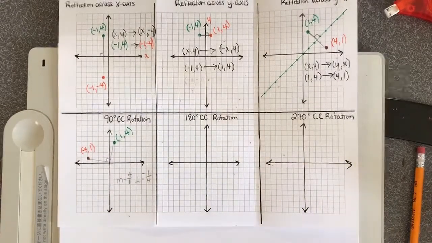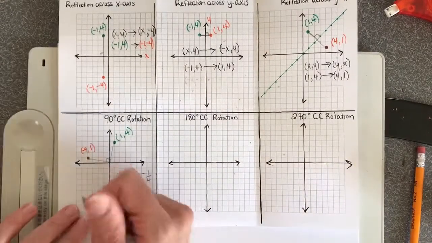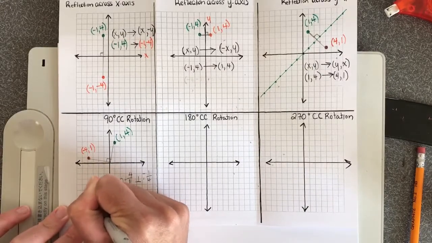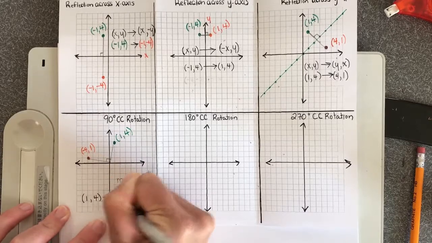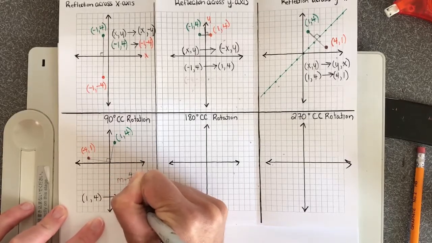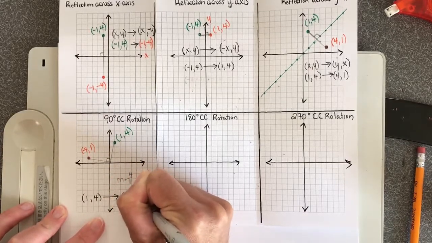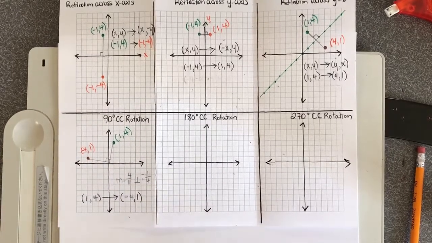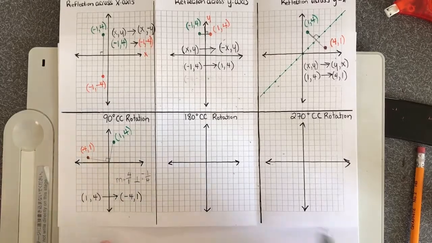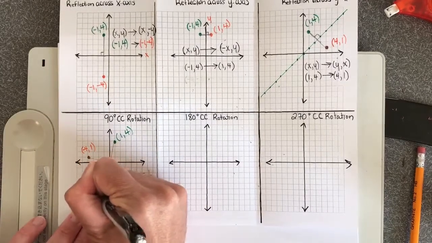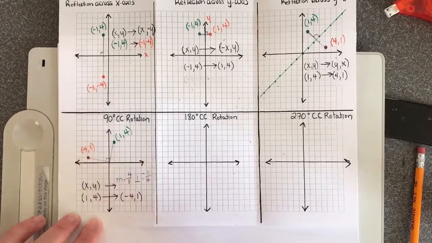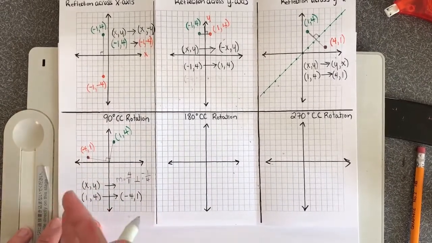So now let's come up with those algebraic rules. My original was the point 1, 4. 1, 4 becomes -4, 1. Okay, so what happened? Well, notice how my x and my y switch places. So how do I write that flip-flop?